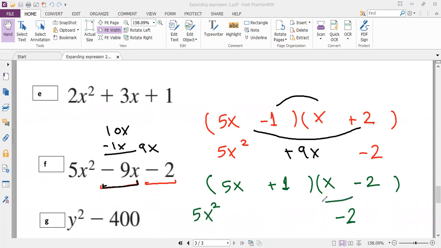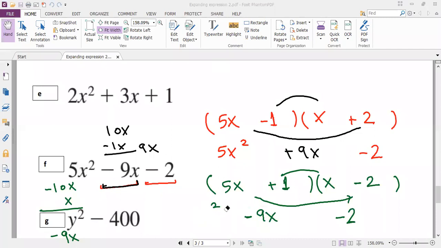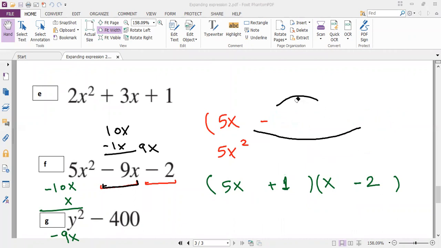And if we try to multiply the extremes plus the means, it's negative 10x and plus x. When adding them, yes, that's right, it's negative 9x. So we're right in the middle, negative 9x. So how can we factorize it? We will write 5x plus 1 multiplied by x minus 2.